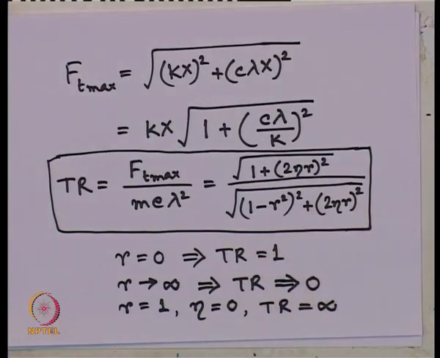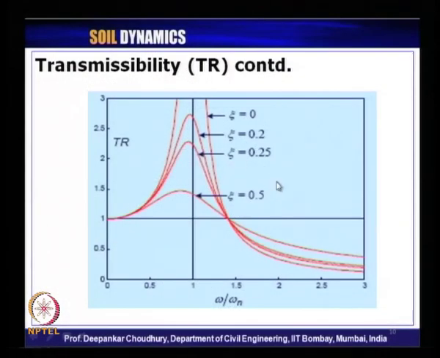So, let us look at the plot on this slide once again. You can see it starts from transmissibility ratio equals 1 when frequency ratio is 0, irrespective of the value of the damping ratio, and it attains its maximum for the undamped case.